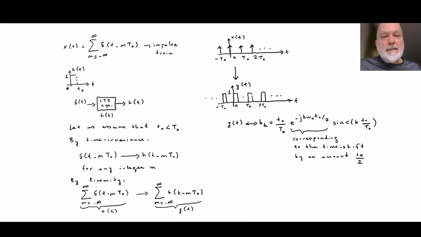The result is still correct when t0 is chosen arbitrarily, but there we will have overlaps and we will end up with a periodic function which is not simple to draw in graphical form. So in order to have a simple graphical interpretation, I have chosen t0 less than capital T0, although there is no such necessity.